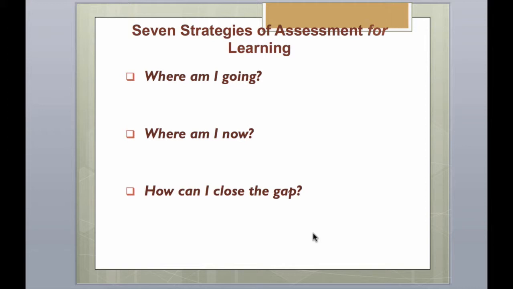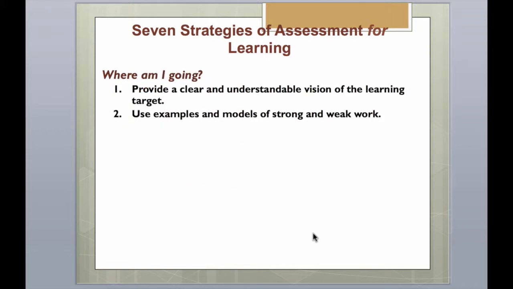Those 2 strategies are to make sure students understand what the learning is and to use examples and models, both of strong and weak work, to help students get a clearer vision of what excellence looks like and doesn't look like. When teachers use these 2 strategies in advance of offering feedback or having students self-assess, they discover that student work comes in at a higher level of quality right from the get-go.